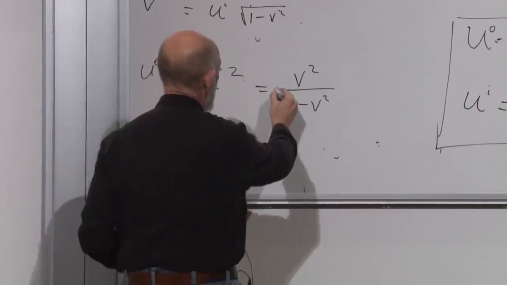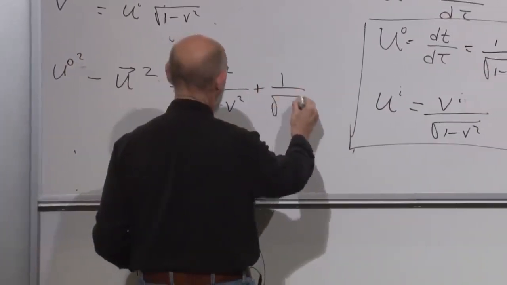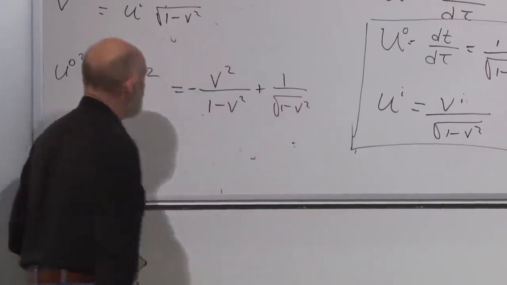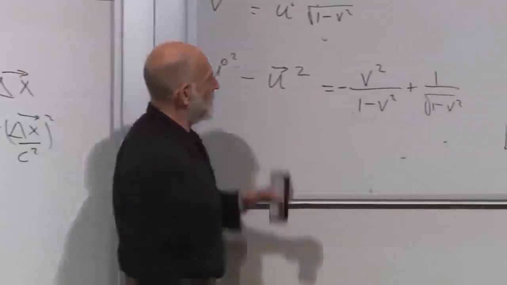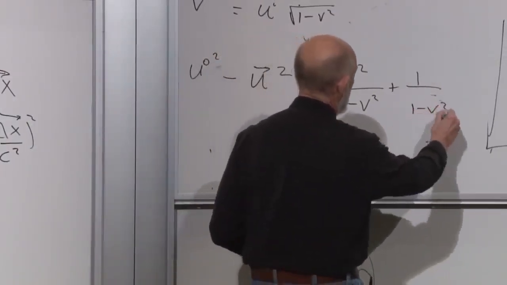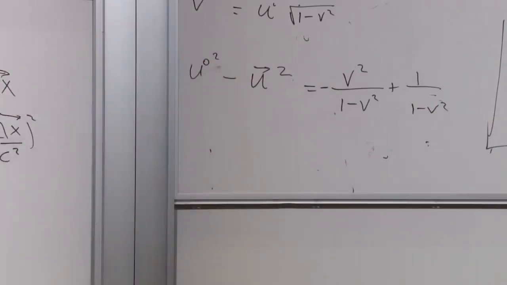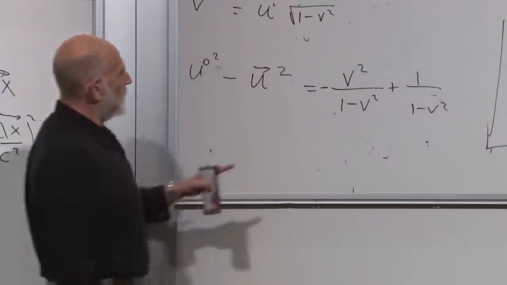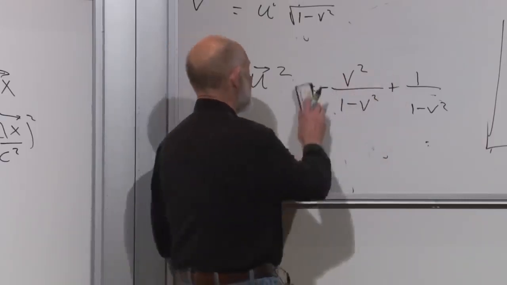I'm making this more complicated than it is. The right-hand side is 1 minus v squared over 1 minus v squared, which is 1.